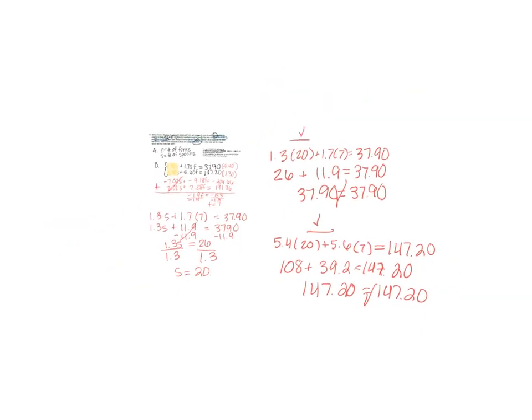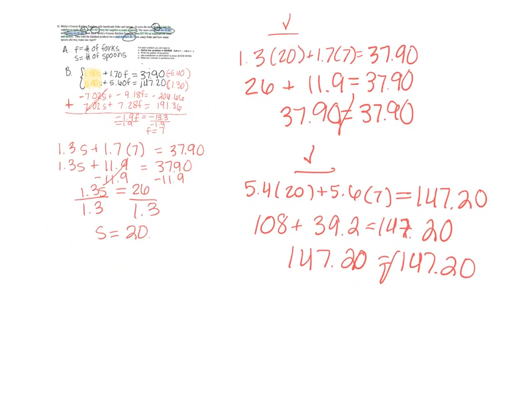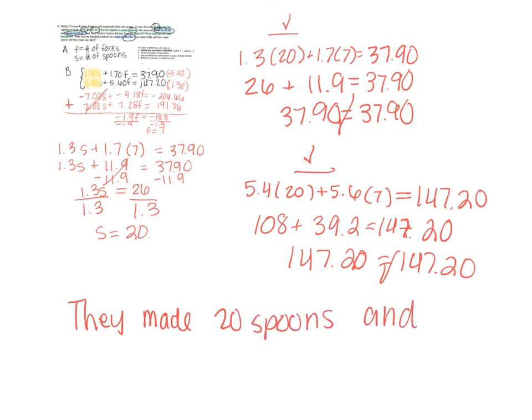For part D, state your solution in sentence form. It wants to know how many forks and how many spoons did they make last April. So that sentence will look like they made 20 spoons and 7 forks last April.